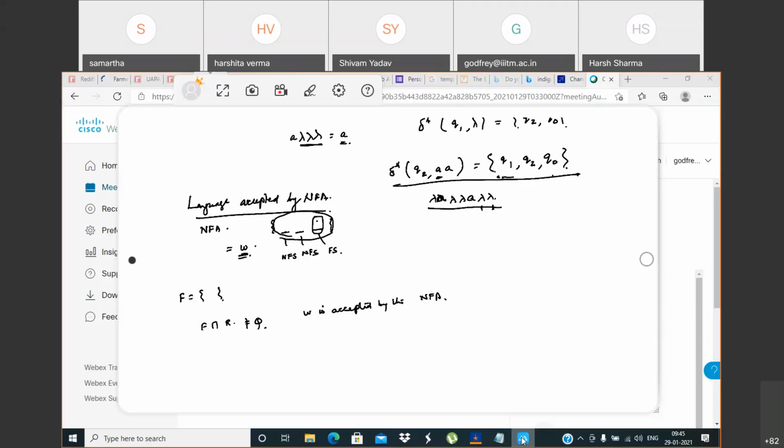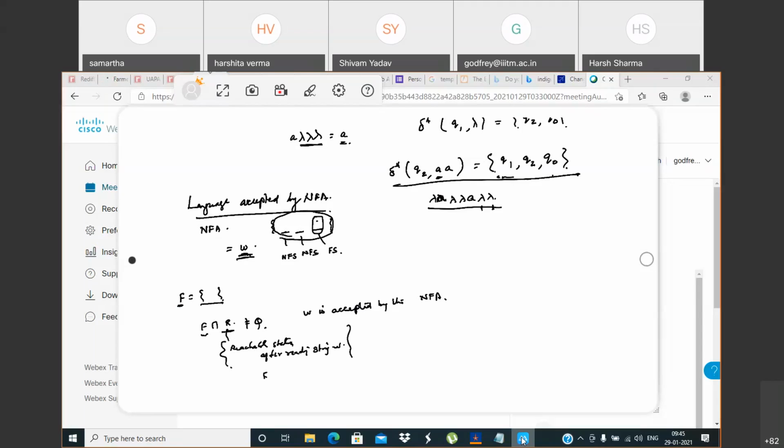You have the set of final states, and the set of states reachable by the NFA after reading the string W. Now you take the intersection of these two: the reachable states after reading string W and the set of final states.